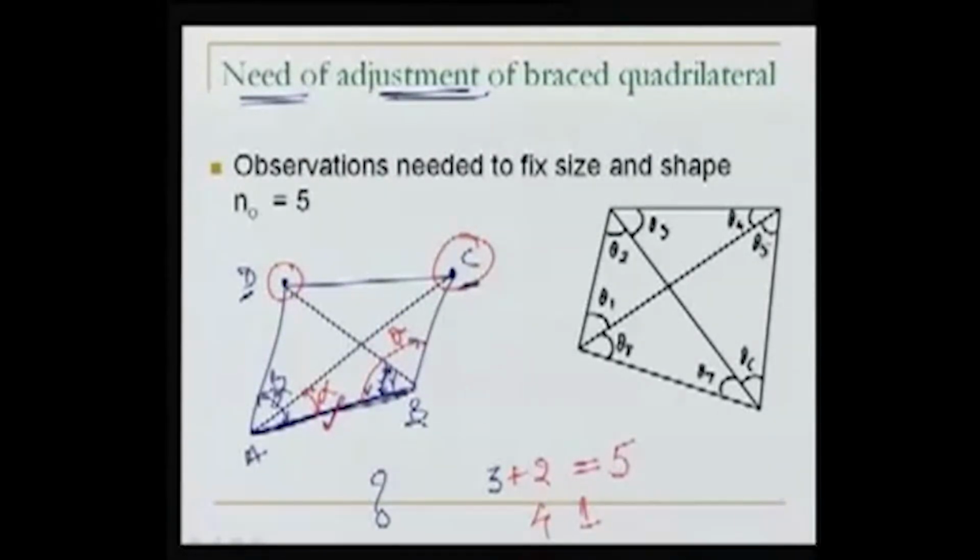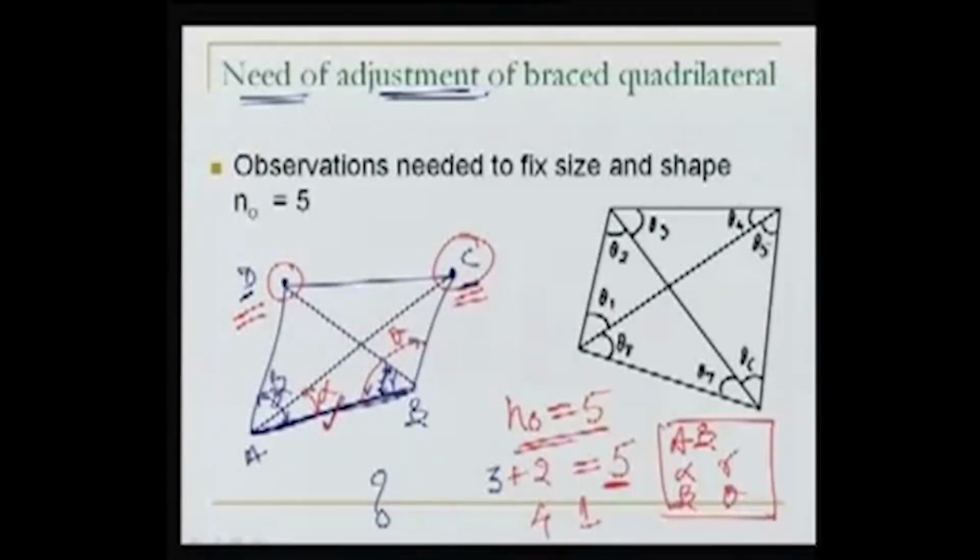So basically what we need to know, in order to fix D and C, is one length AB and angles alpha, beta, gamma and theta. So we should have these 5 basic observations. So we say n naught is equal to 5.